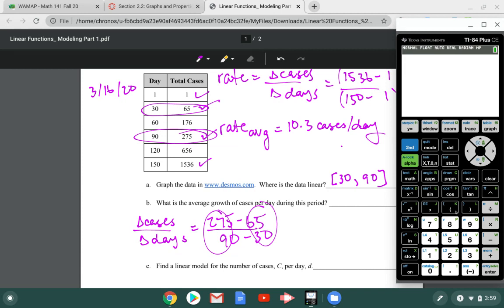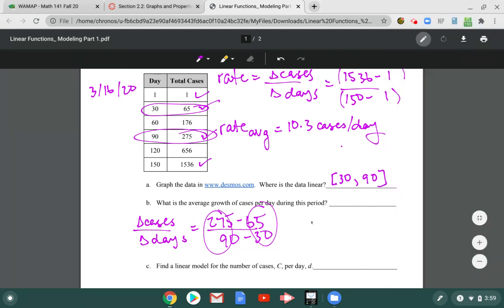Putting parentheses around 275 minus 65, divided by 90 minus 30, or just 60 in the denominator, we get 3.5. This is a meaningful number, right? 3.5 what? Cases per day.